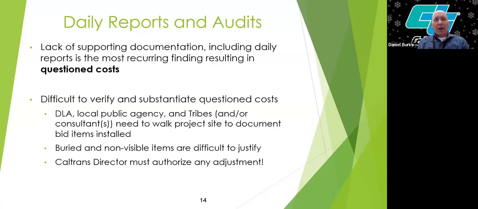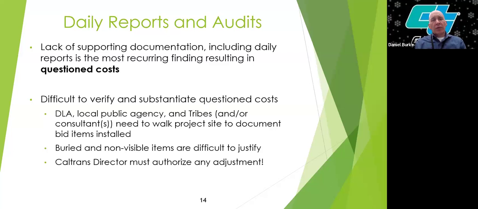The auditors want to verify that there is what we call an audit trail, meaning that all of the construction costs are adequately documented via the daily reports, the quantity sheets, weight tickets, etc., so that they can verify that the costs were incurred and were eligible for reimbursement to the local public agency or tribe.